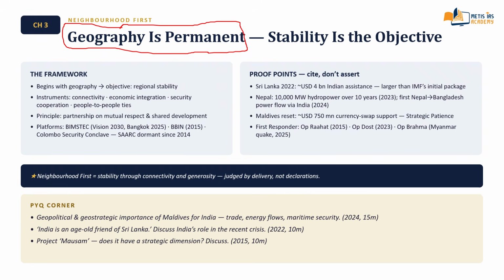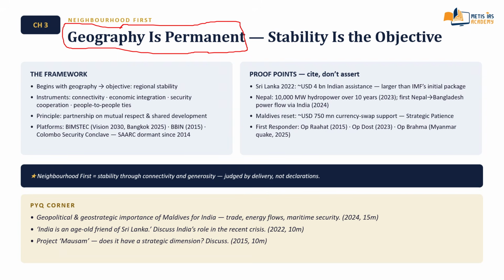Collectively, these neighbors influence India's security, trade, connectivity, migration, energy, water resources, and regional stability. So, developments in the neighborhood rarely remain external issues. They often become domestic concerns.